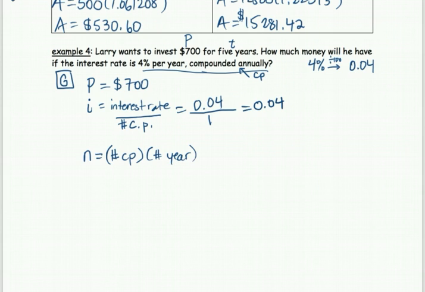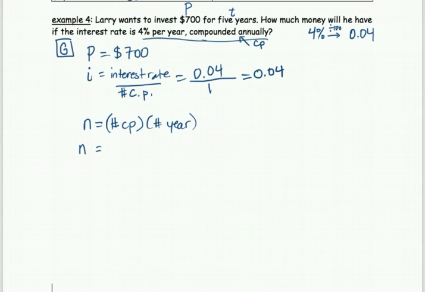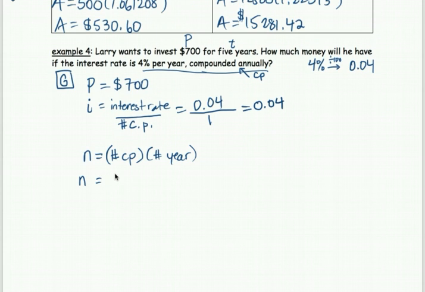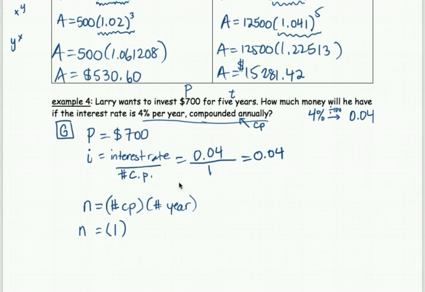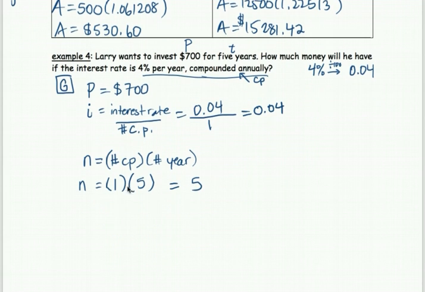The number of compounding periods is annually, so it's once a year. And how many years is Larry keeping the money in this investment? For 5 years, so we multiply by 5 here. We end up with 5. The money gets compounded 5 times.